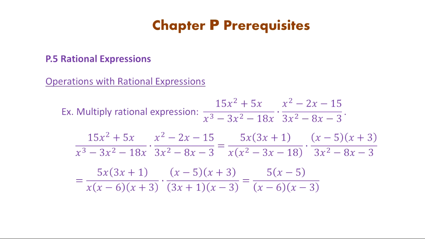And then at the same time, you can factor the second expression on the top, x squared minus 2x minus 15, as x minus 5 and x plus 3. You multiply negative 5 by 3, you get negative 15, and you add negative 5 and 3, you get negative 2. And then you can factor 3x squared minus 8x minus 3 by grouping like we did before in 3 steps.